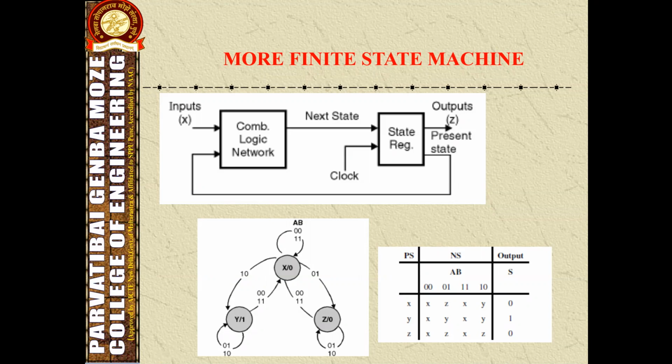The output is shown inside the state. Since the output is the same whenever the state machine is in that state, the combination is shown by an internal state. So the Moore finite state machine is faster. The output can be arbitrarily complex but must be the same every time the machine enters that state.